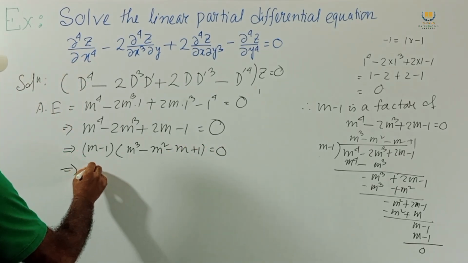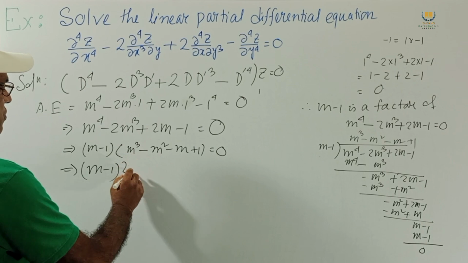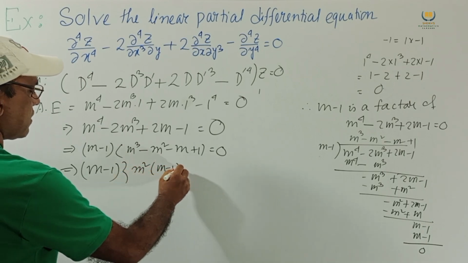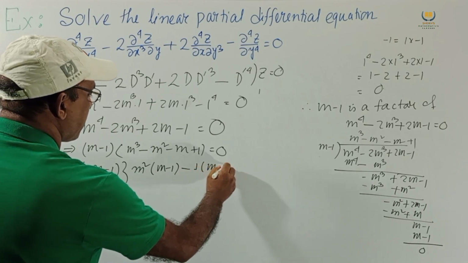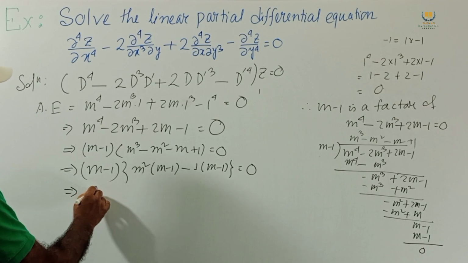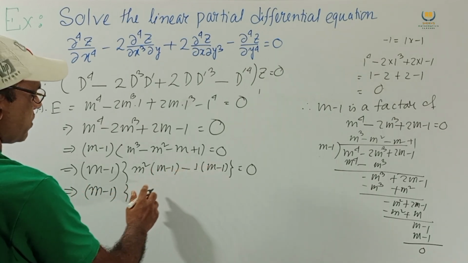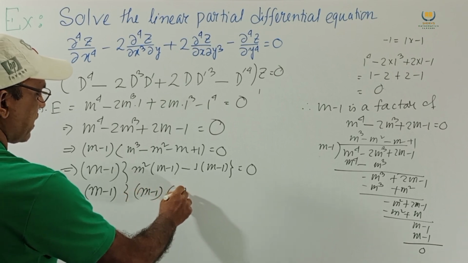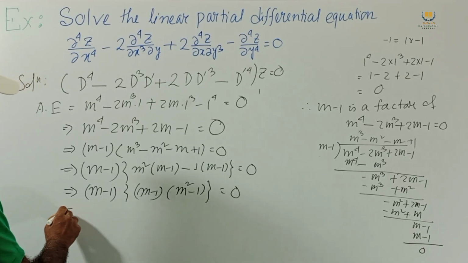So this implies m minus 1, and from this, m square common, then m minus 1. From this 2, minus 1 common, then m minus 1, this equal to 0. So m minus 1 remains the same, and from this 2, m minus 1 common, we get m square minus 1, this equal to 0.